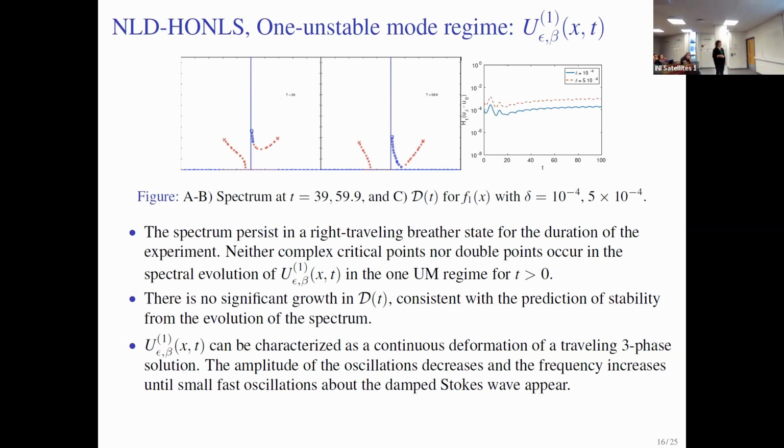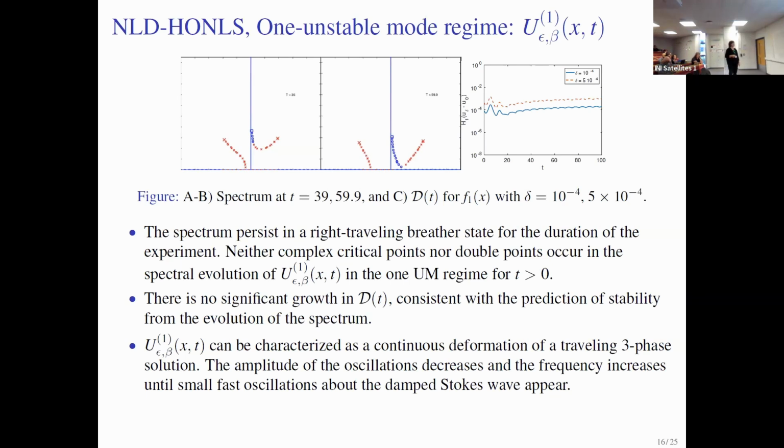The bands just get wider as they move down towards the real axis. But there are no complex critical points, no complex double points that occur in the spectral evolution of this SPB in the one unstable mode regime. You don't see any significant growth in the difference, and this is consistent with the prediction of stability from the evolution of the spectrum.